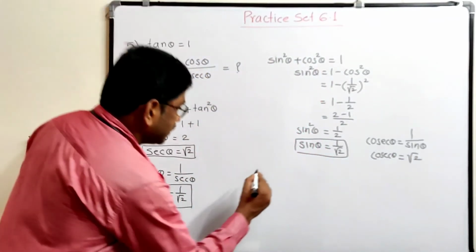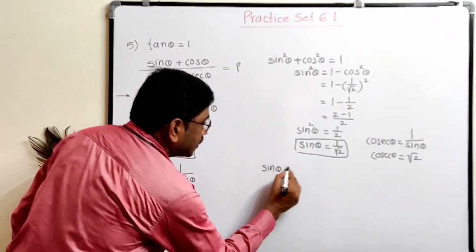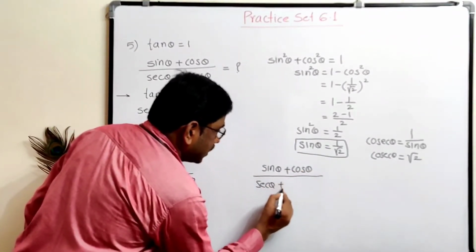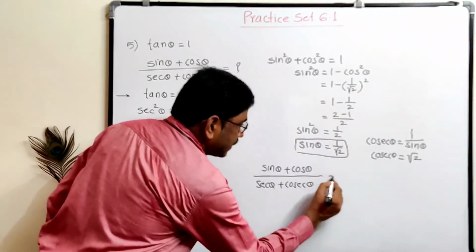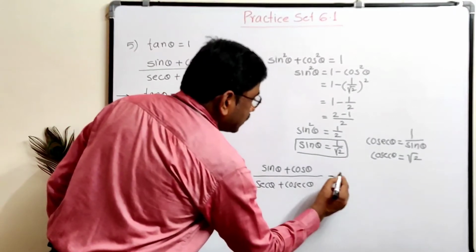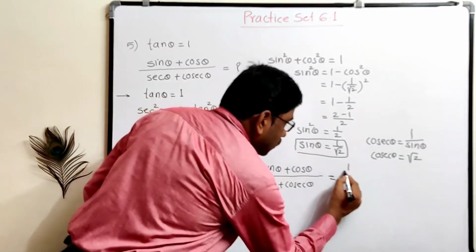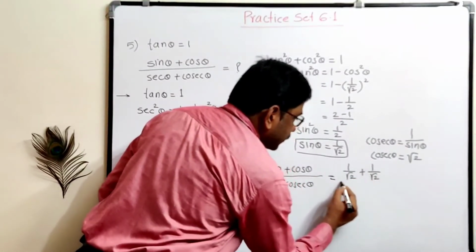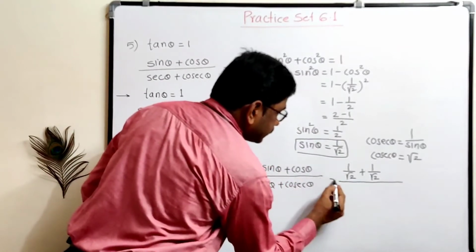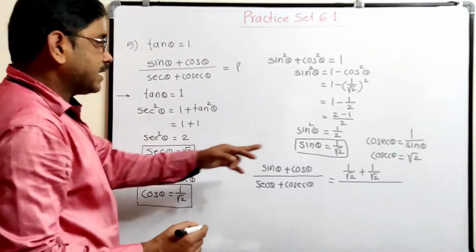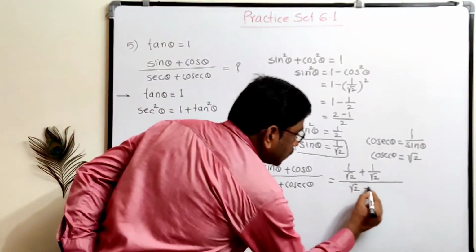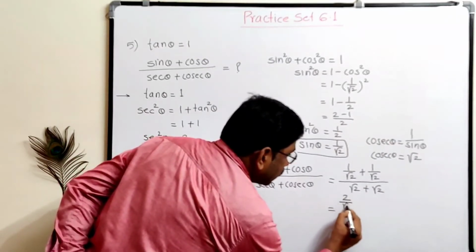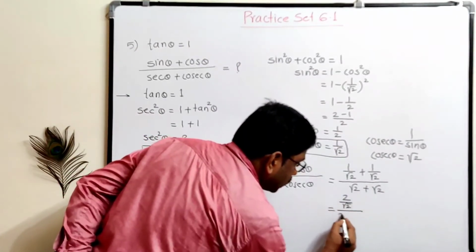Now we have to find this one. So write this value: sin theta plus cos theta divided by sec theta plus cosec theta is equal to. Now substitute the values. Sin theta is 1 upon root 2 plus 1 upon root 2 divided by sec theta is root 2 and cosec is root 2, root 2 plus root 2. 2 upon root 2 divided by 2 root 2.